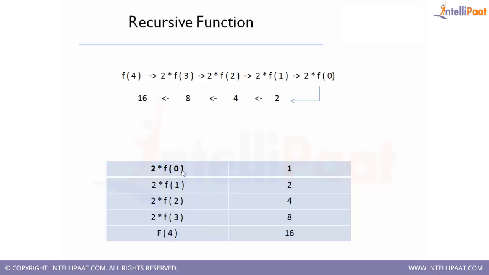In f of 1 we are calling f of 0. f of 0 will return 1, and then we'll multiply the result of f of 0 with 2. We'll be getting 2, and multiplying 2 with 2 we'll be getting 4. 4 multiplied by 2 will be 8. 8 multiplied by 2 will be 16. The final result will be 16.